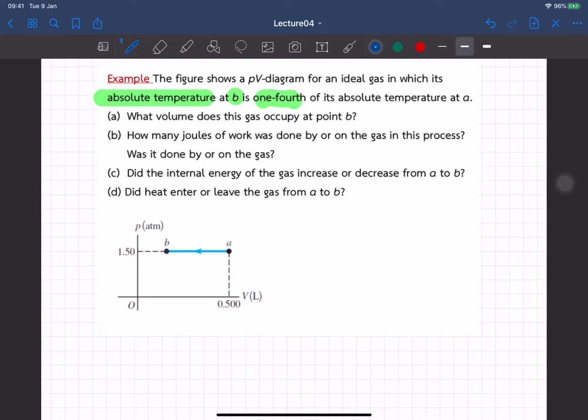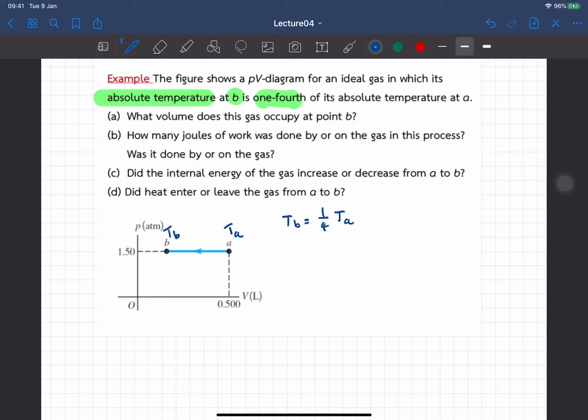So I can write the temperature at point B to be TB, and the temperature at point A to be TA. They are not the same. Not only that, it's given that TB is 1/4 of TA.